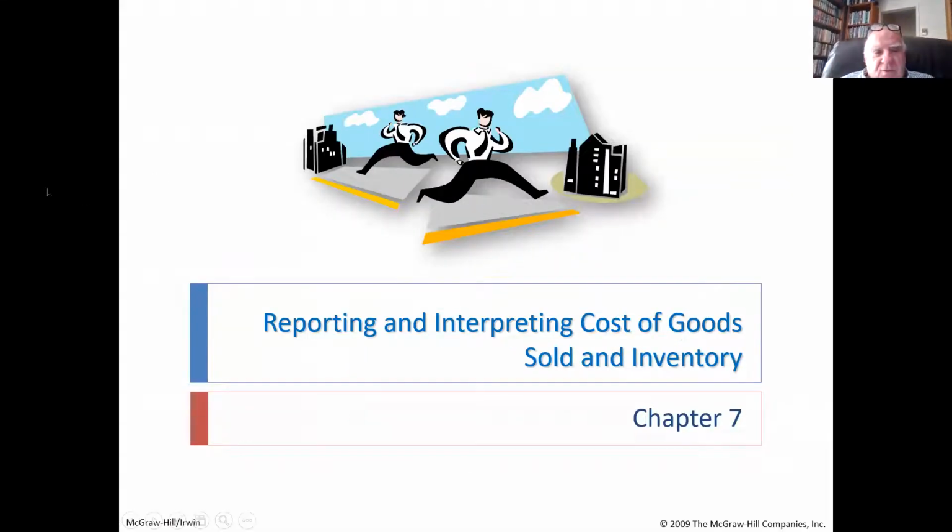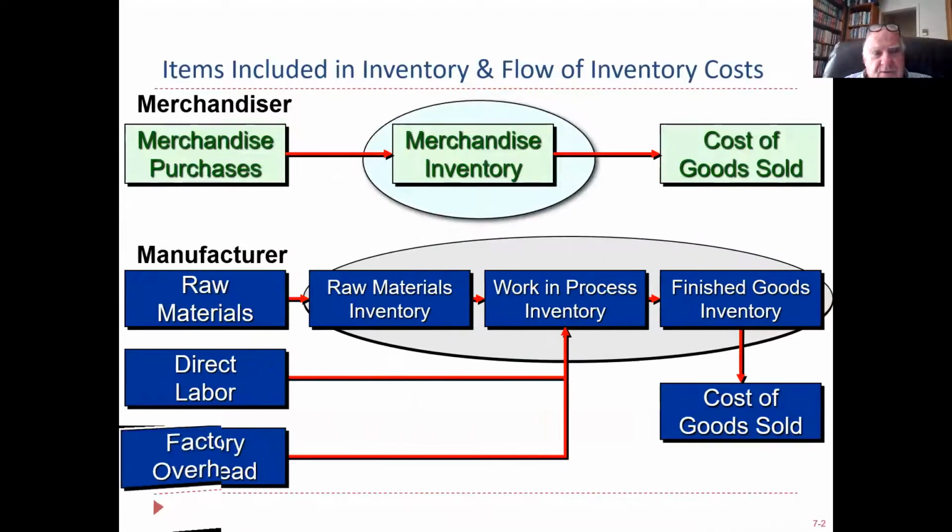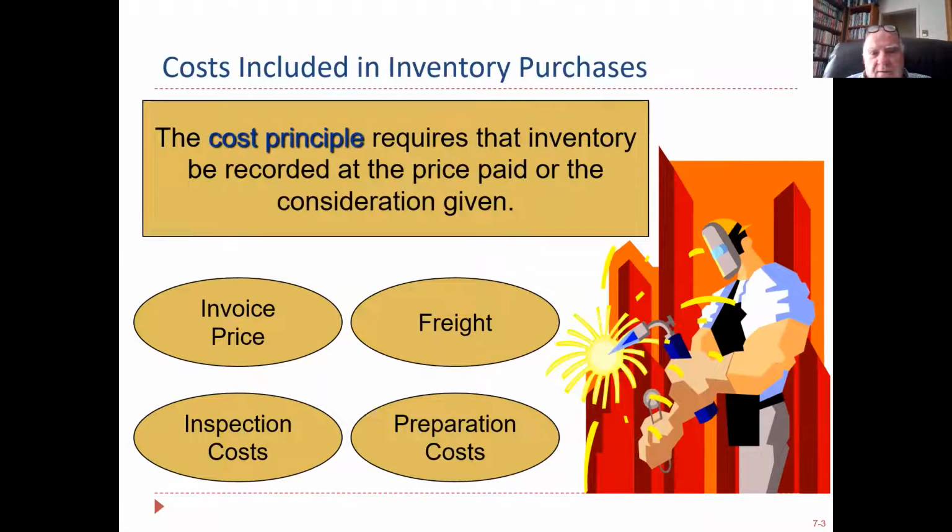Okay. Cost of goods sold and inventory, chapter 7. Keep in mind there's a cost principle involved in that the price you pay for the raw material, the price you pay for the goods you bring into your store may include other charges.